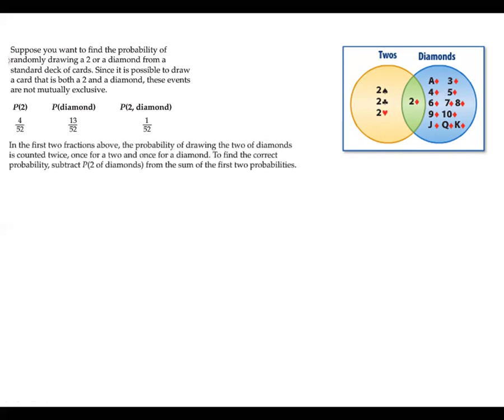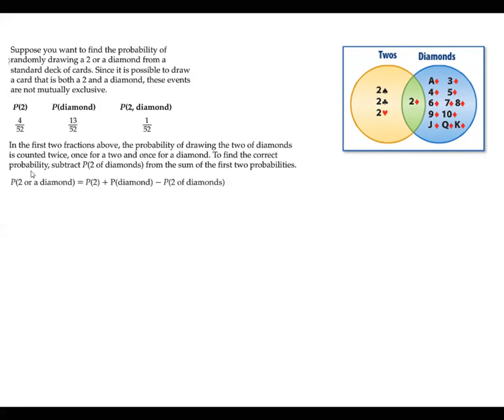So in the first 2 fractions above, the probability of drawing the 2 of diamonds is counted twice, once in the 2s and once for the diamonds. To find the correct probability, you just subtract the overlap part. You subtract the probability of picking the 2 of diamonds from the sum of the first 2 probabilities.